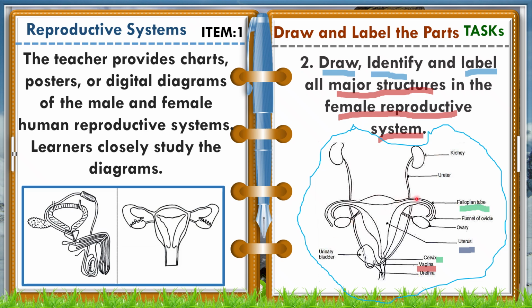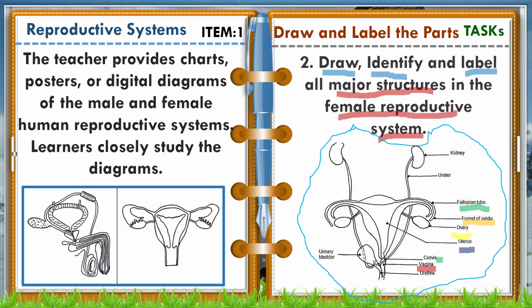From the fallopian tubes, we go to this structure here, which connects to the ovary. That structure is called the funnel of the oviduct. And that one connects to this organ here, which we refer to as the ovary.